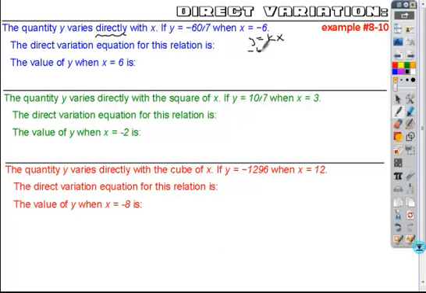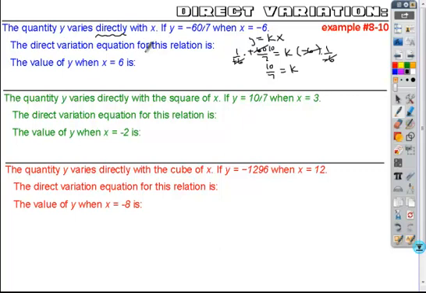Plug in my numbers. -60 over 7 is equal to k times my -6. I'm going to solve for k, so I multiply by 1 over -6. Again, that's equivalent to dividing by -6, but multiplying by the reciprocal makes it easier to cancel in this case. I get my k value to be 10 over 7, and I can write that equation.